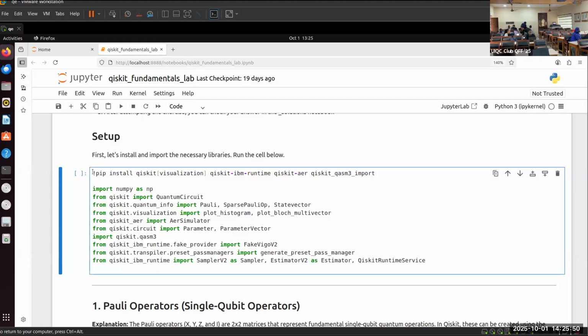But I have it already, so I'm going to comment it out by using a hash in front of it, which tells us that when you have the hash in front of any line of Python, the Python interpreter does not read it.